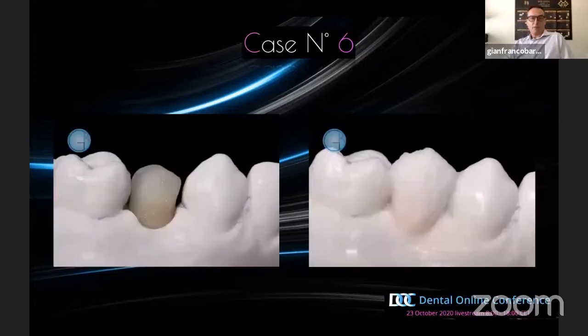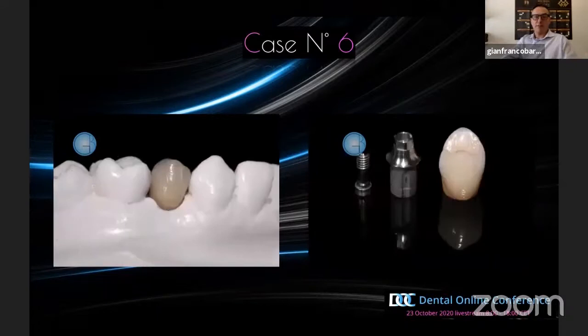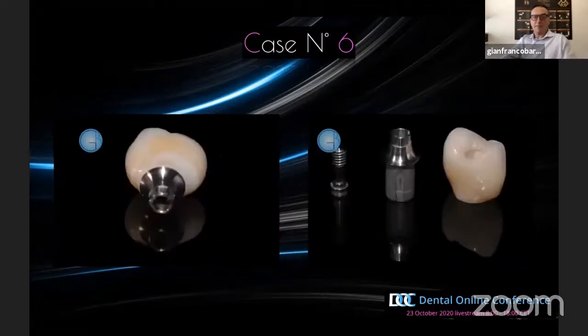After this, we are layering with some effects, and what's important is that we can shape the contour of the emergence to give a natural aspect to this ceramic. Testing in the mouth, we can appreciate the rounded shape that will give more life to our tissue.